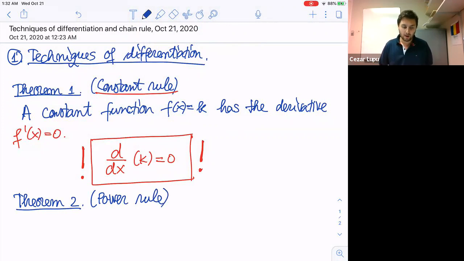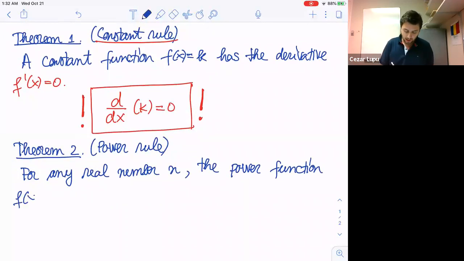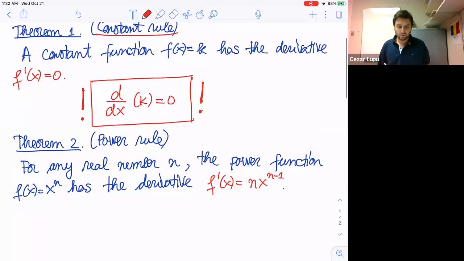It says the following: for any real number n, the power function f of x equals x to the power n has a derivative, which we'll denote f prime of x, equal to n times x to the power n minus 1.